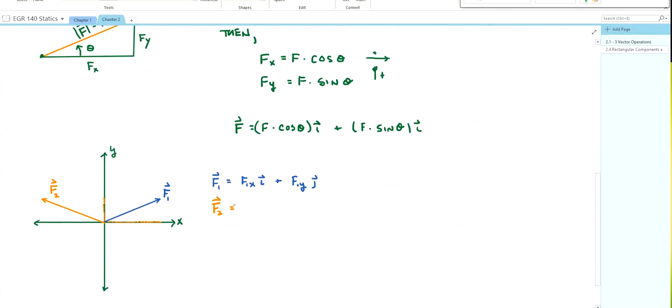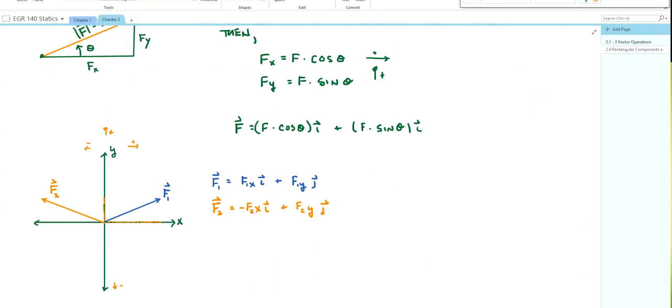But we're going to keep things in this direction positive, and this direction negative, and this direction positive, and down this direction is negative. So this F2 is going to have a negative component, minus F2x i plus F2y j, because the j component is in the positive direction and the i component is in the negative direction.